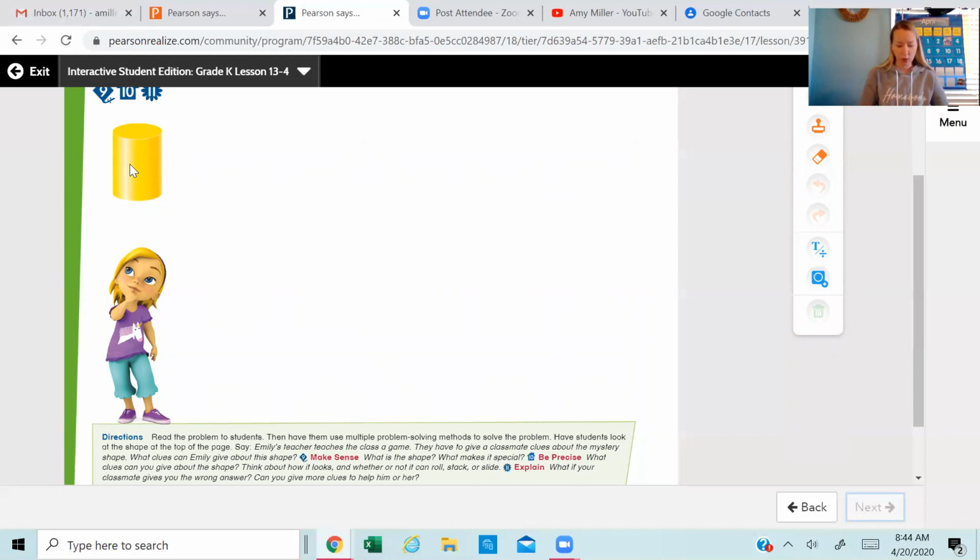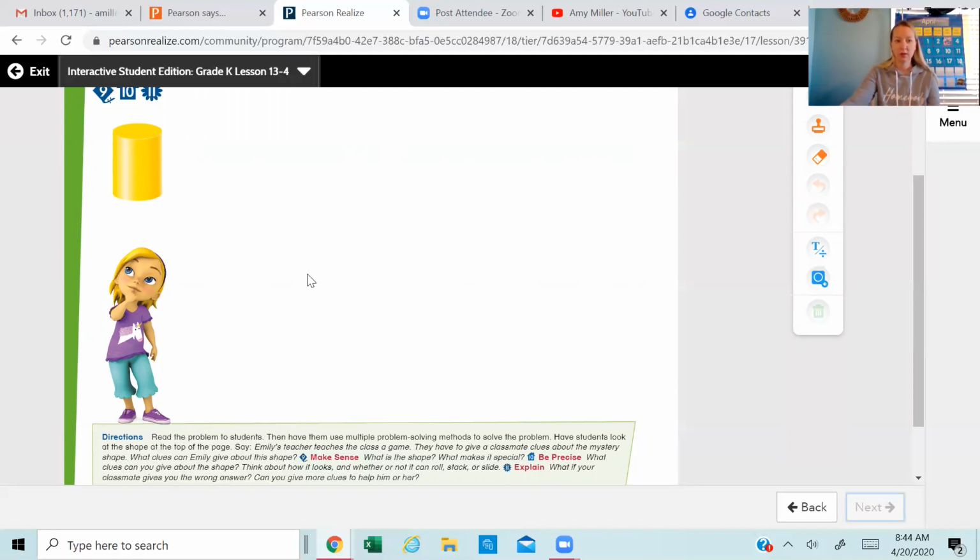What kind of clues did you hear? Think about how it looks, whether or not it can roll, stack, or slide. Those are very good clues. Also think about if it's a solid figure or a flat figure. And then, what could you do if your friend gives you the wrong answer? Are there any other clues you could give them to help figure it out?